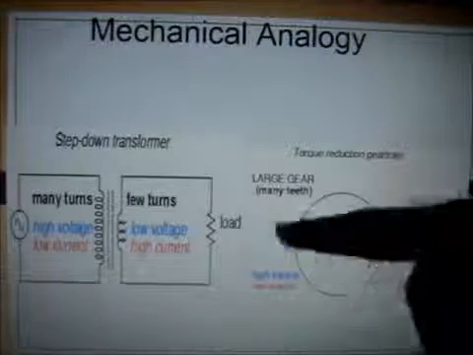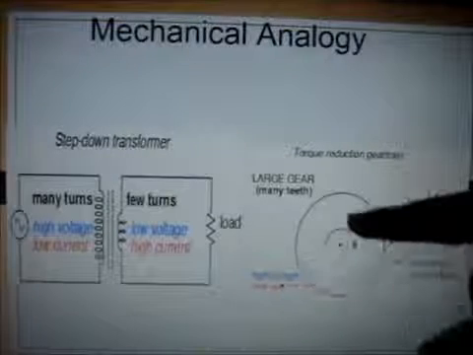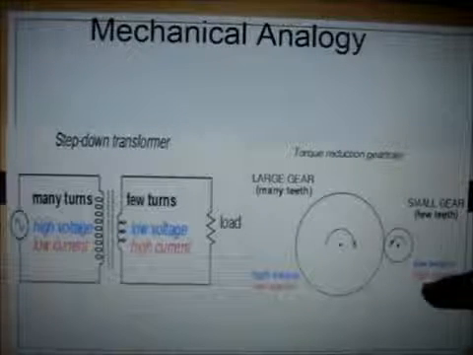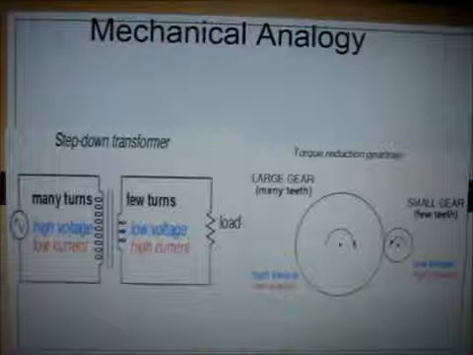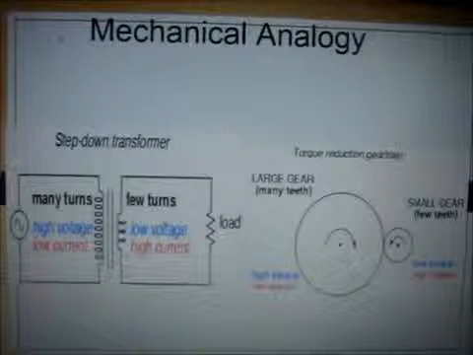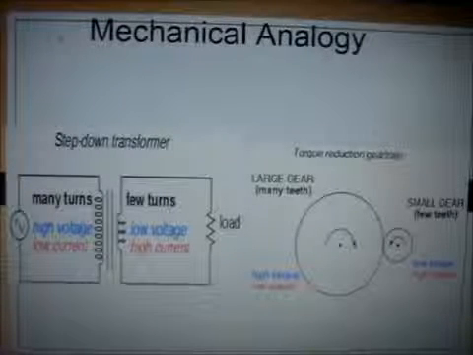The larger gear has many teeth, and the smaller gear has few teeth. This one has a higher torque but low speed, but this has a higher speed with lesser torque. So this is the mechanical analogy of a step down transformer. You can also work out the step up transformer yourself.